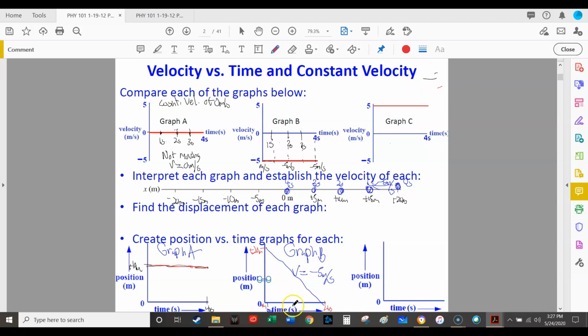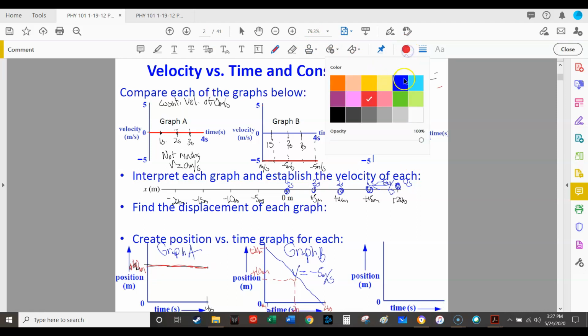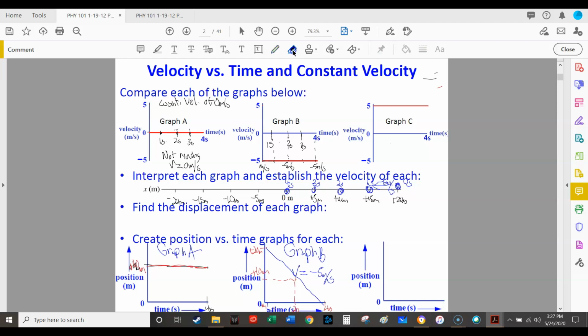So right here at the 2-second mark, it was at positive 10 meters. Okay? At the 2-second mark. So that's pretty cool. Let's try graph C. I'm going to have to erase graph B's information here.